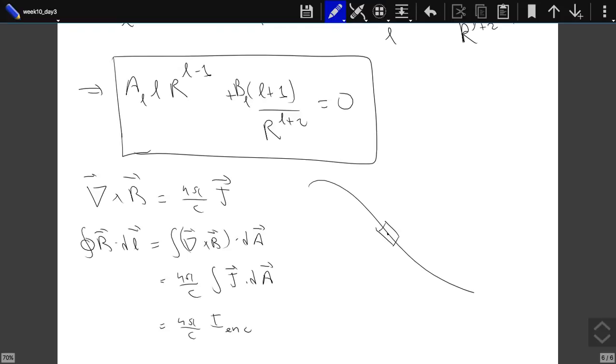Now let's look at this point, and at this point I will just take a surface perpendicular to the current. The current density, I will assume at this point is, let's say, into the screen. And I will choose my loop to be in this direction, so that the total current running through my area bounded by the loop is positive.